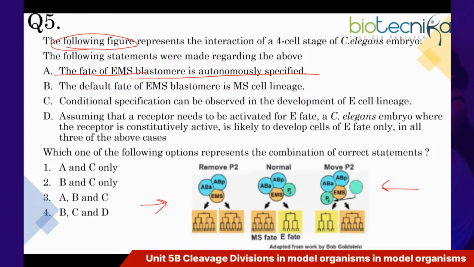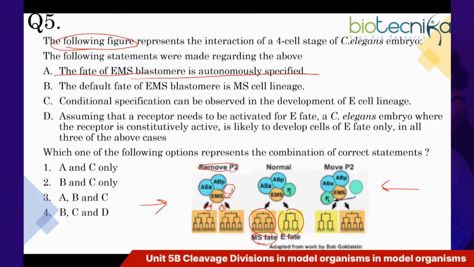Now see here, it is written that MS fate is this orange color and the yellow color is endoderm fate. They are asking, if P2 is removed, then what will happen? We know that P2 gives signaling to the endoderm cell, isn't it? So in case P2 is not present, EMS will anyway make two daughter cells.